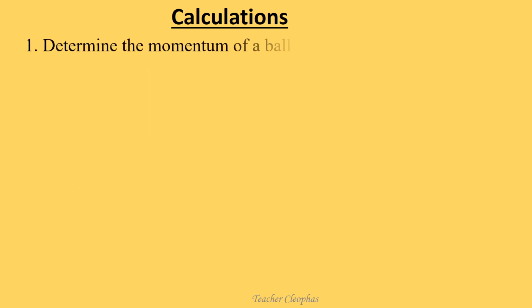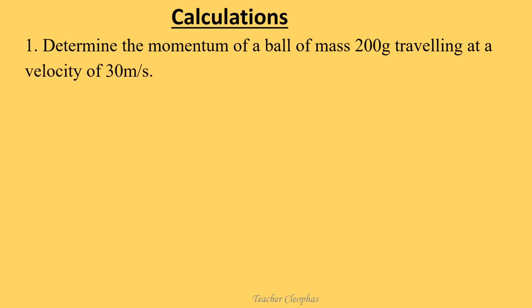Calculations. First question: determine the momentum of a ball of mass 200 grams traveling at a velocity of 30 meters per second. Solution. First of all, we need to convert 200 grams to kilograms, and we do this by dividing by 1,000. So 200 divided by 1,000 is 0.2 kilograms.